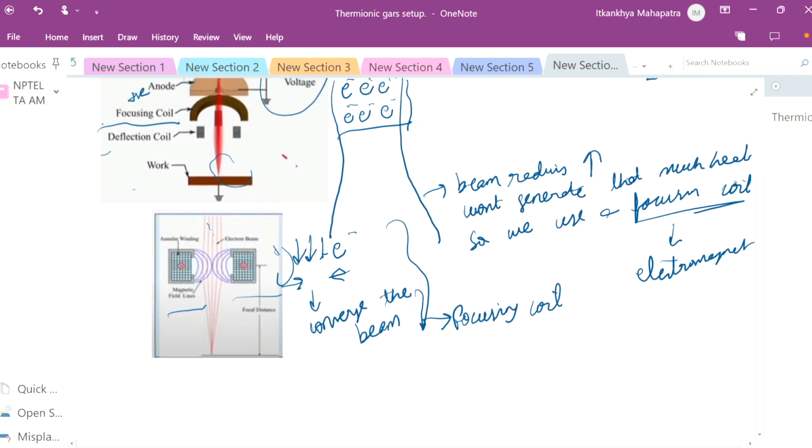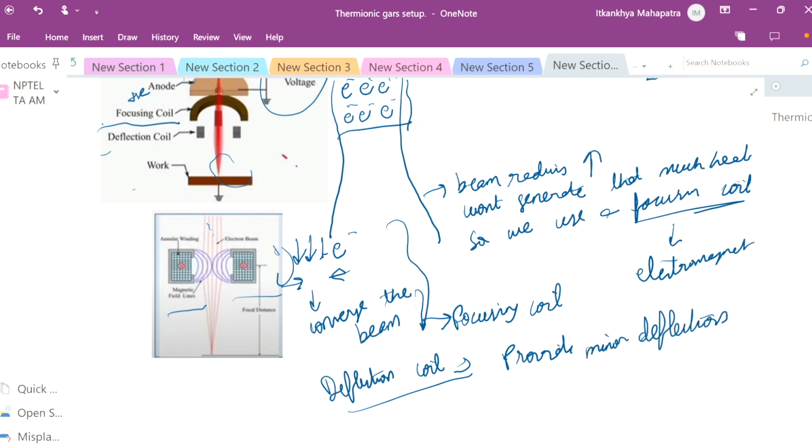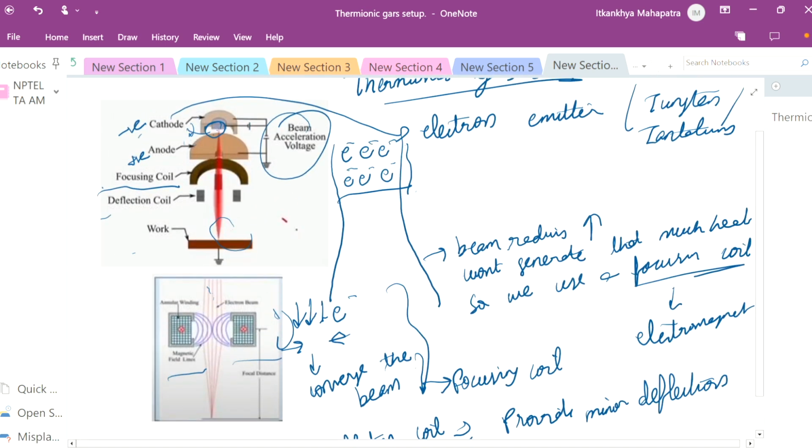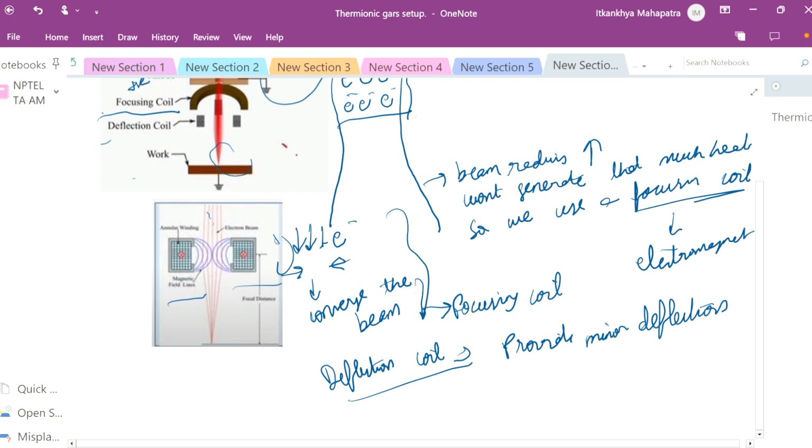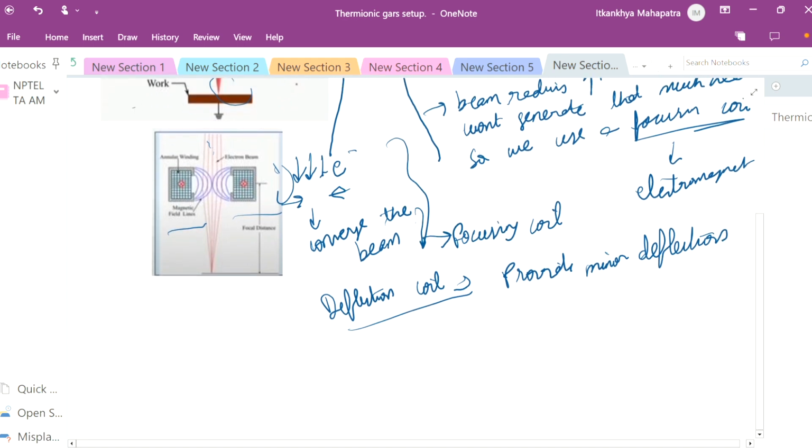Deflection coil provides minor deflection. Now an assignment question.